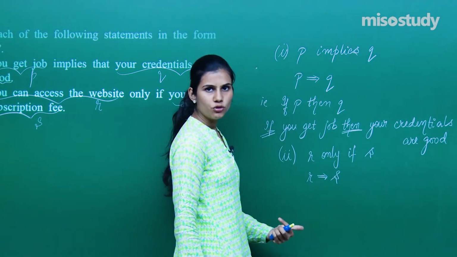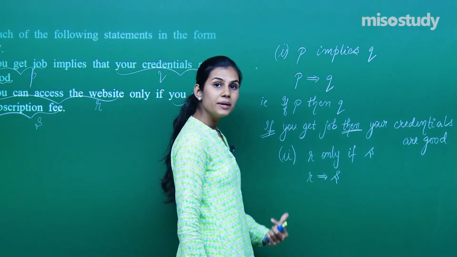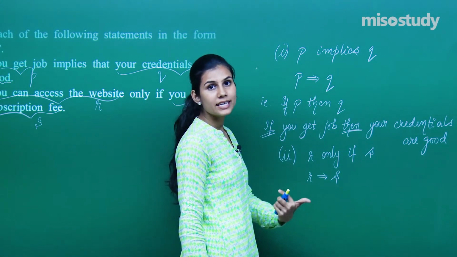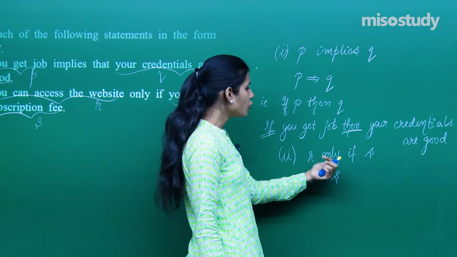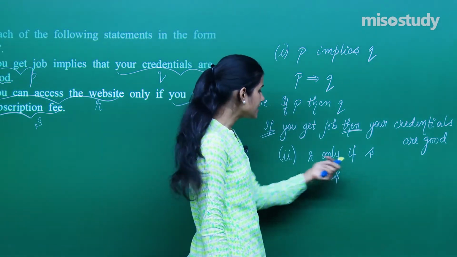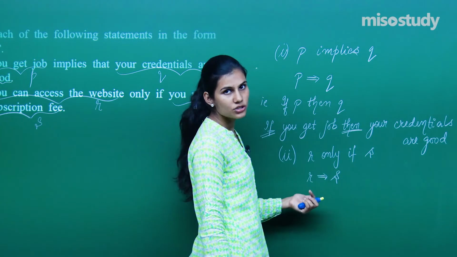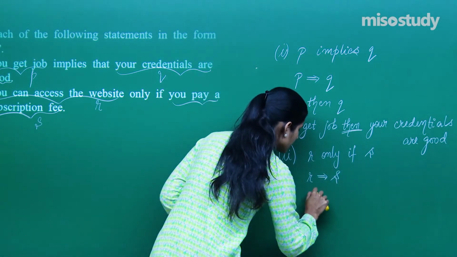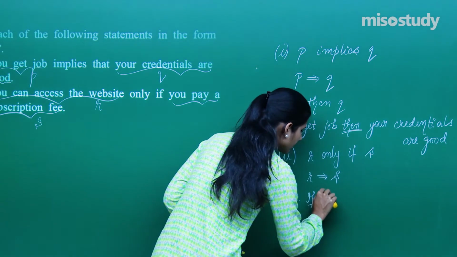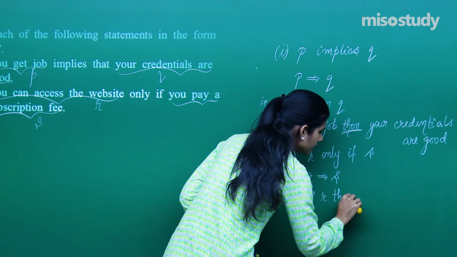If P then Q can be written as P only if Q, because Q in this case is a necessary condition for P, P is sufficient for Q. So R only if S means S is necessary for R, that means this is just trying to say if R then S, or R implies S. So that is if R then S.